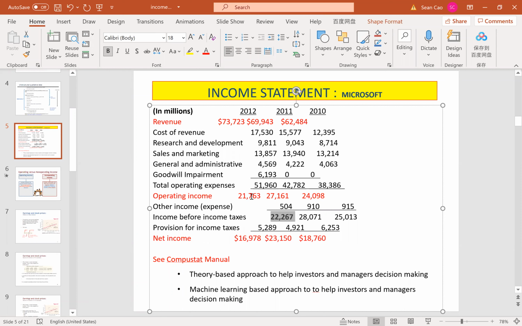One message I want to point out, which relates to your project, is what's the nature of operating income and what's the nature of other income. Let me explain what operating income means and what other income means. For example, if I'm a manufacturing company, my operating income is the income from selling the product. So what is my other income?